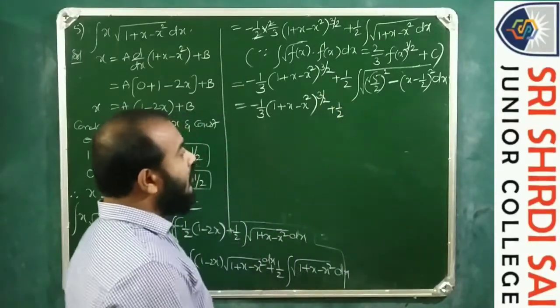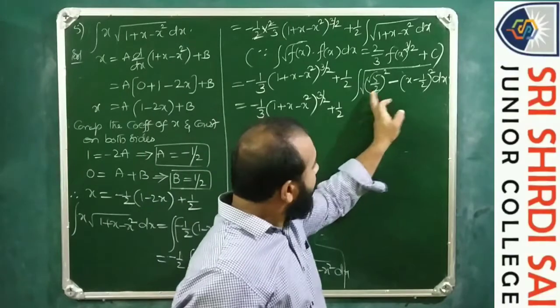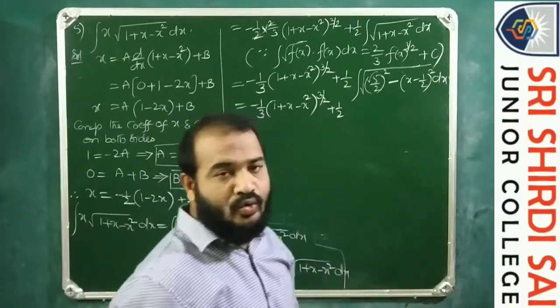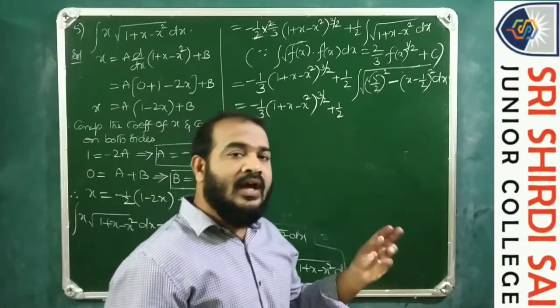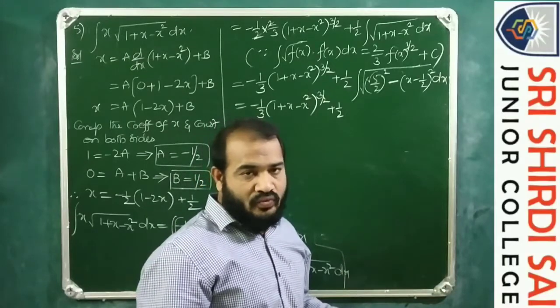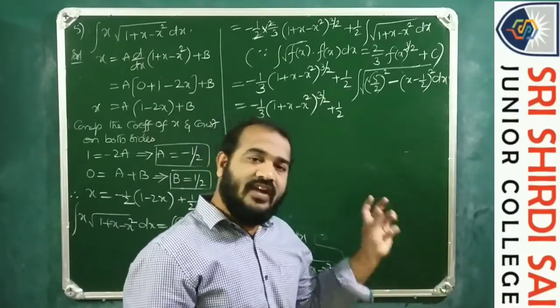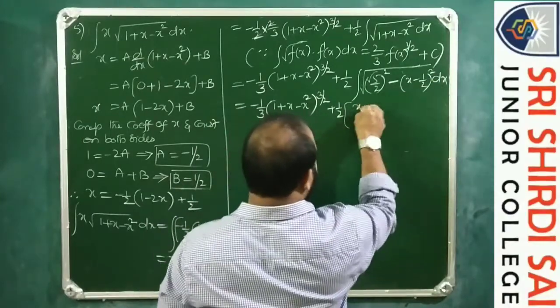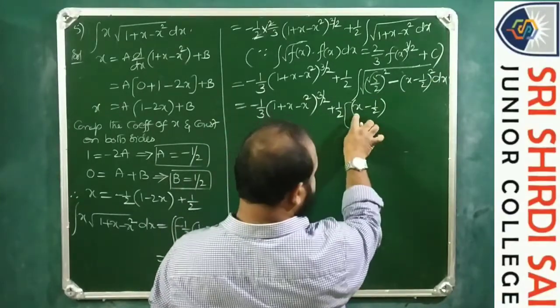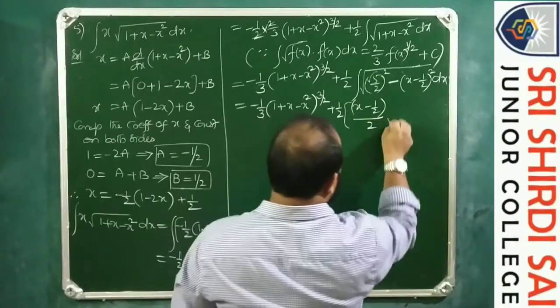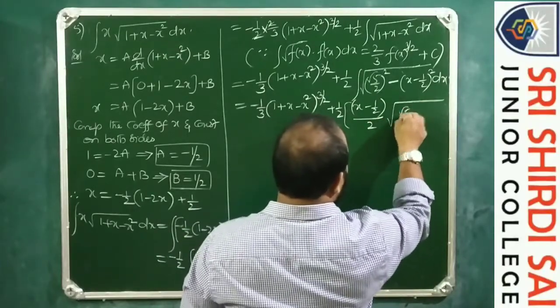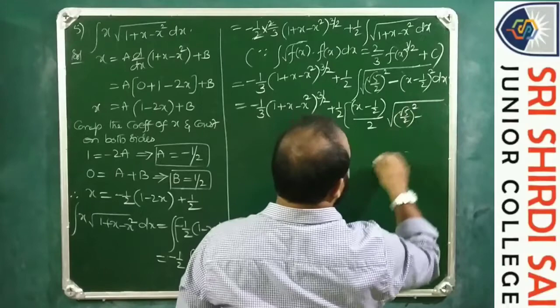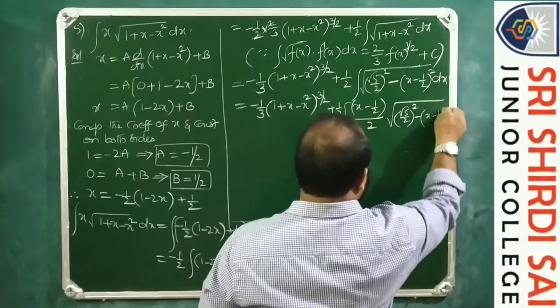So this is integral root of a square minus x square dx. The integral of root of a square minus x square dx is x by 2 root of a square minus x square plus a square by 2 sine inverse x by a. So x here is x minus 1 by 2 as a whole: x by 2 into square root of root 5 by 2 whole square minus x minus 1 by 2 whole square.